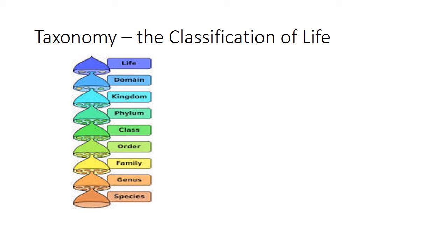Genus in Latin is singular and genera is plural. So within one family there are several genera, and within one genus there are several species. The word species in Latin is the same for singular and plural.